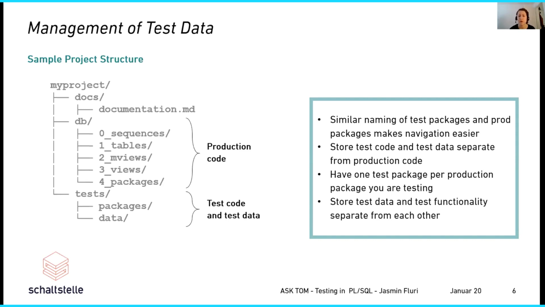Usually we have one test package per production package that we are testing. And we store the test data and the test functionality separate from each other. This has reusability reasons for one thing, and it's just also clearer to have them separated, to not have large packages with only data in it.